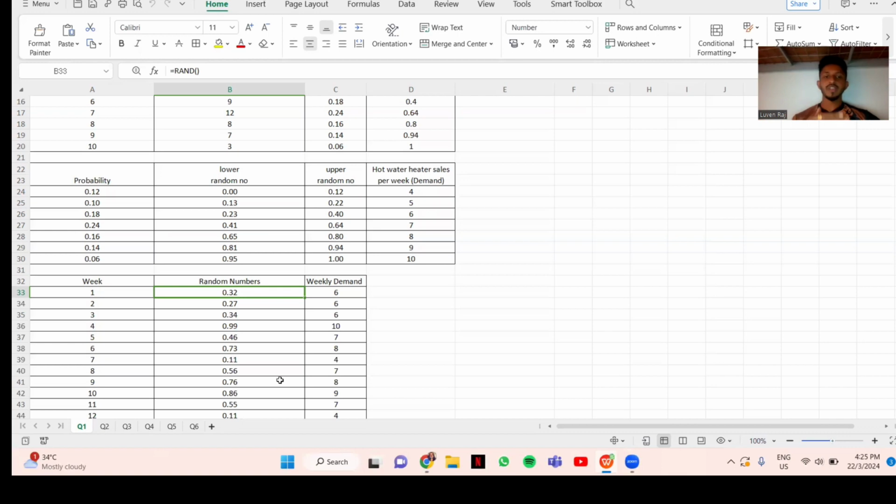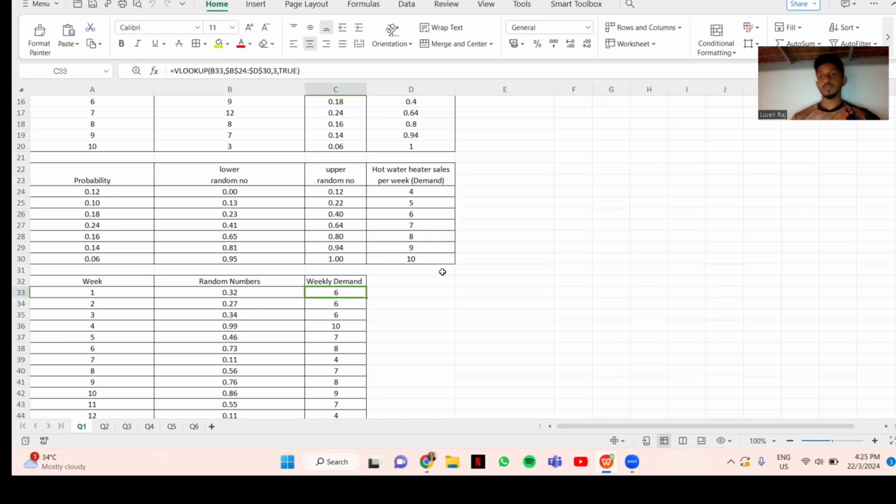It will be very random, so even a person doing the same question will get a different number. All of us have different random numbers. When we get 0.32, we find where 0.32 falls in between. It is under the hot water sales per week demand, which is 6. So that's how we use it.